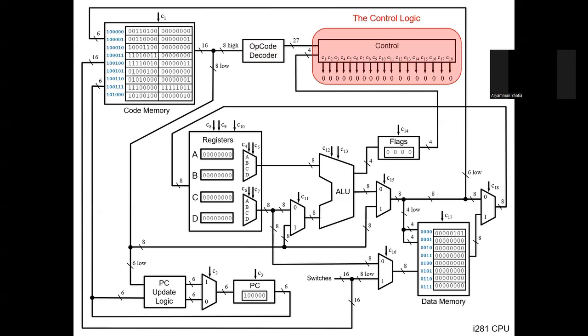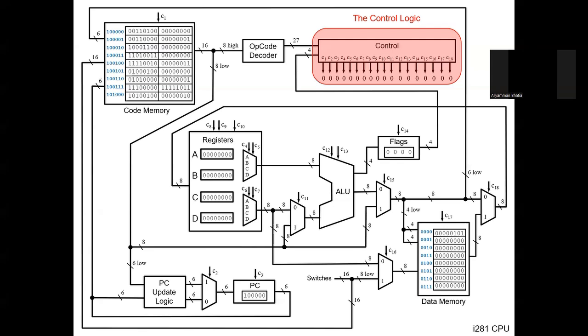Next, we have this control box. Depending on the instruction that we want our CPU to execute, we need to configure the different parts of the CPU using these control lines. So we have a particular logic to do that. This control box implements that combinational logic to execute different instructions on the same CPU.